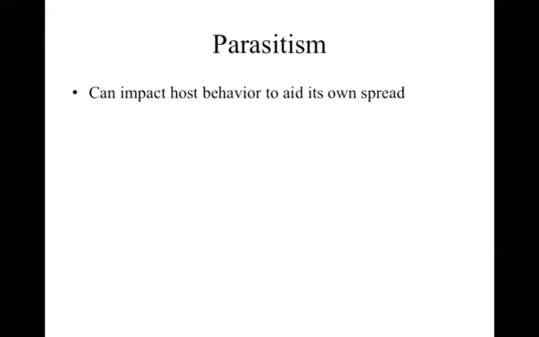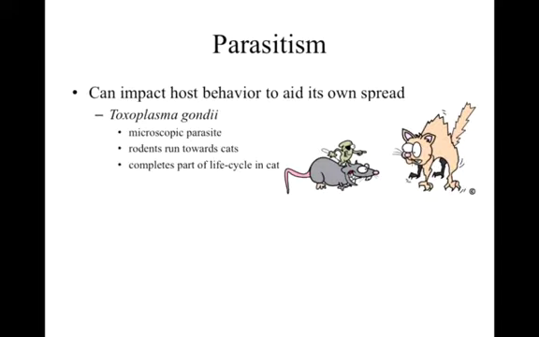One interesting thing about parasitism is that it can impact host behavior, and typically it does this to aid its own spread. So a common example, one that people in biology study, is Toxoplasma gondii. This is a microscopic parasite, and it has to complete part of its life cycle in cats.